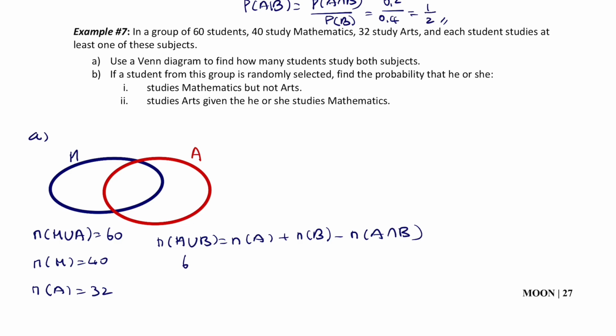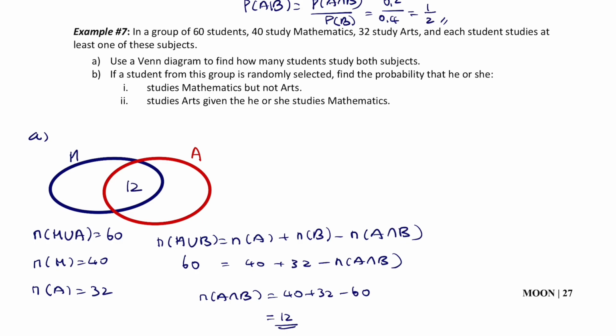So we have 60 here, 40 plus 32 minus N A intersect B. Then from here, we know that we have N A intersect B equal to 40 plus 32 minus 60, which is equal to 12.